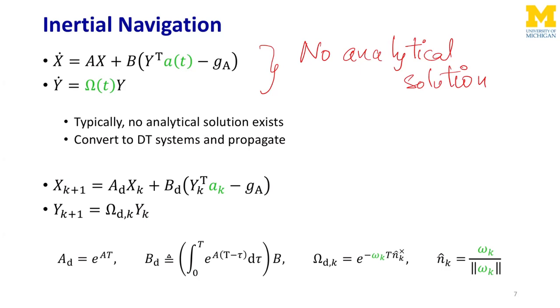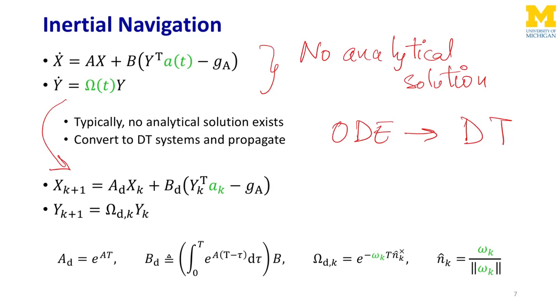So if you don't have analytical solutions, what are you going to do? Well, in that case, we can convert this ODE into a discrete time system using lecture 14 that you guys saw a couple of weeks back. Now, once you convert this into a discrete time system, you can simply integrate or propagate this system recursively on a computer.